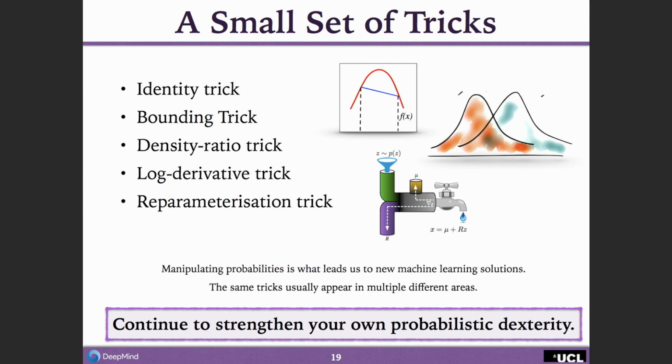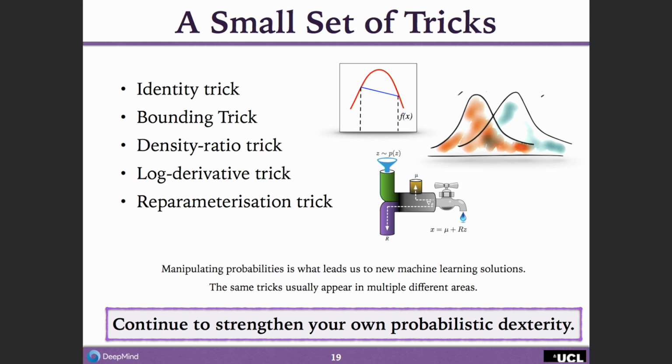The log derivative trick basically exploits the definition of what the gradient of the log is to show the properties of log likelihood functions and score functions, which are the basis of maximum likelihood. And then we looked at reparameterization tricks, which effectively just deploy the rule for change of variables of probability in all different settings to help us derive different kinds of gradient estimators.